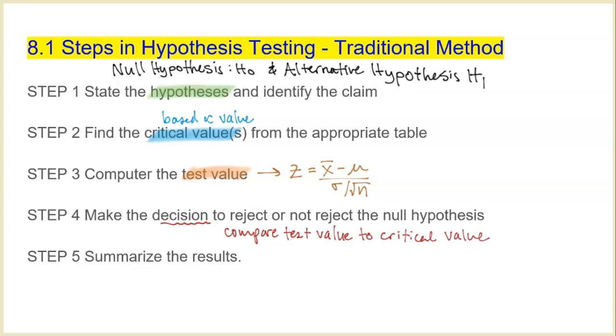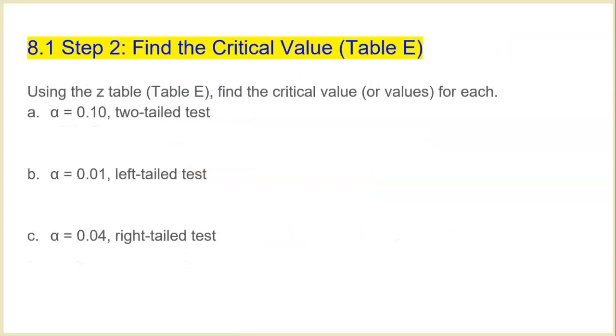And we'll talk about that more in detail when we look at an example problem and actually perform this 5-step process. So let's look at first how we can find a critical value, just to re-review that process, but under the guise of hypothesis testing. It says using table Z, or using the Z table, which is table E, find the critical value or values for each.